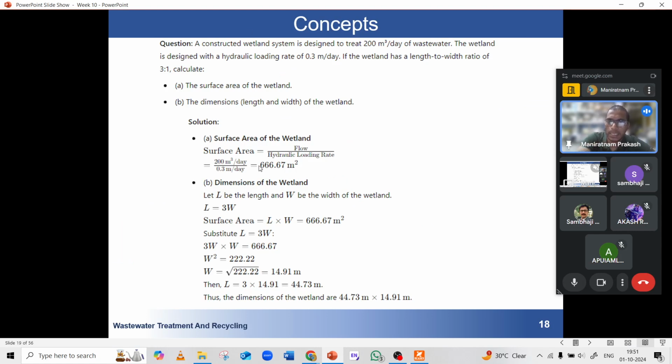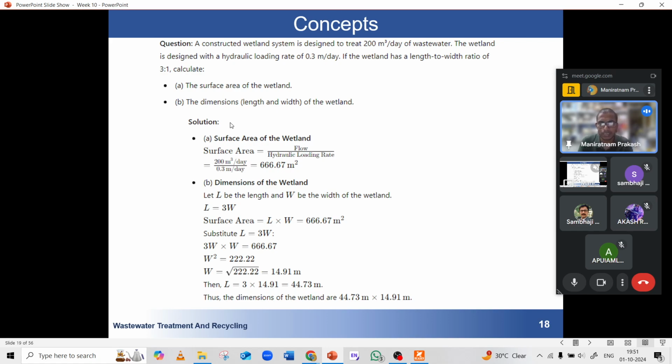So the subsurface area will be given by flow divided by hydraulic loading rate, meaning how much water is flowing from one end to another end, okay. This was very simple. The surface area will be given by flow by hydraulic loading rate.